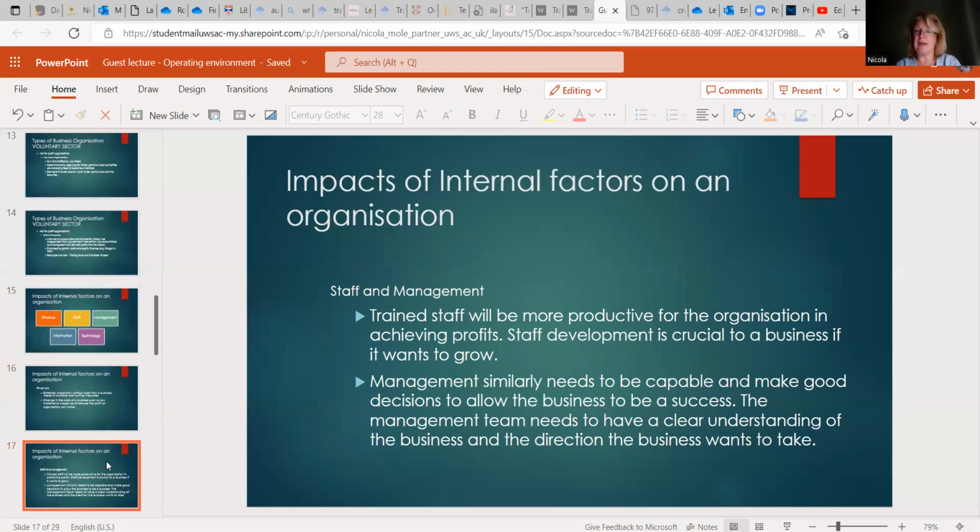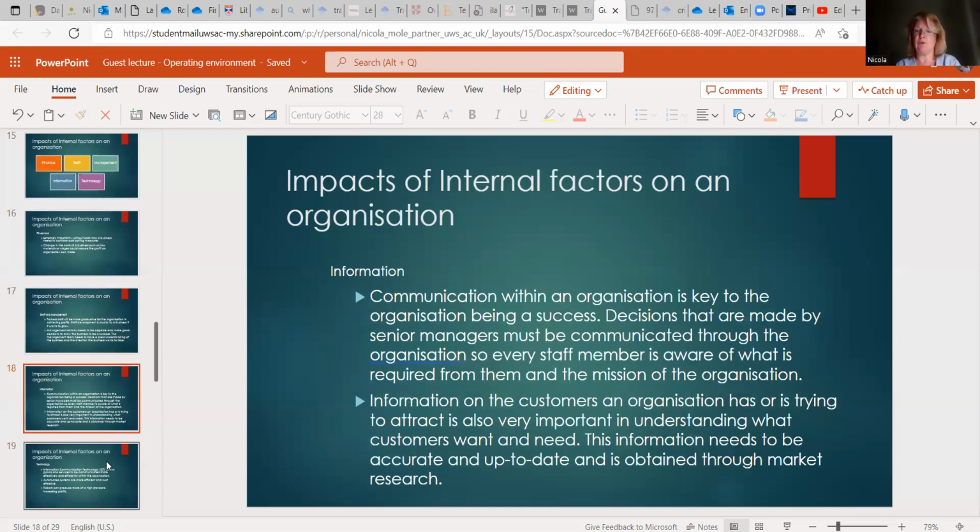We also need capable management. They need to make good decisions to allow the business to be a success. And the management team needs to have a clear understanding of the business and the direction the business wants to take. So you need to recruit the right people at the right time. That was one of our earlier lectures, which you may have seen.